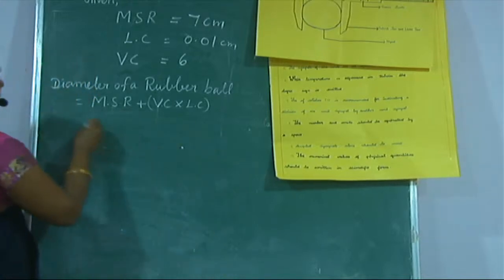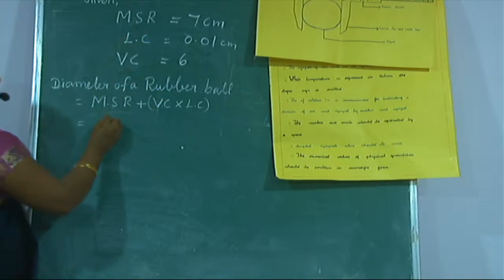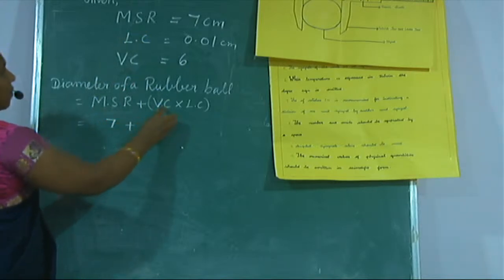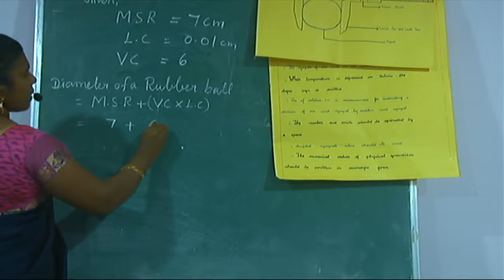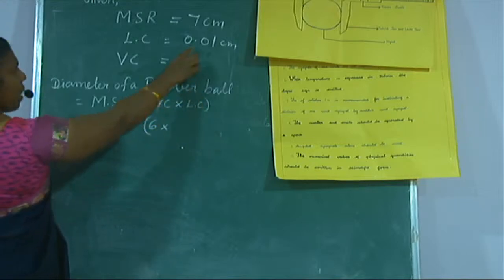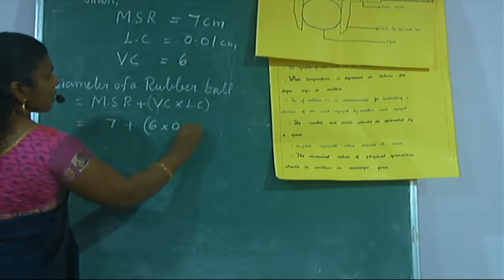Now you have to find out MSR. What's the value of MSR? 7 plus VC. What's the value of VC? 6 into least count in centimeter, 0.01.